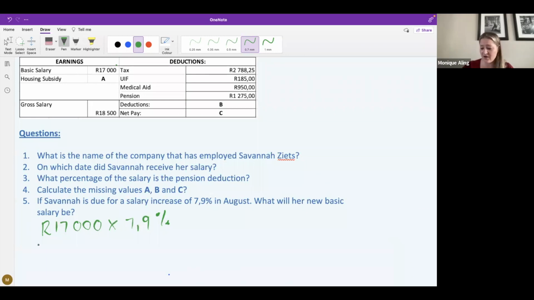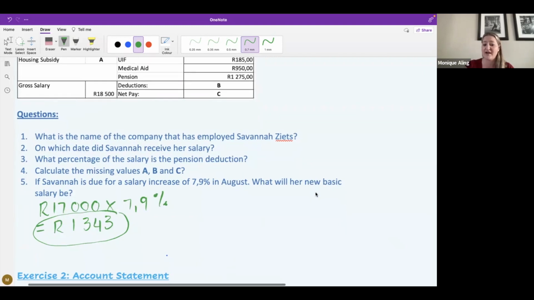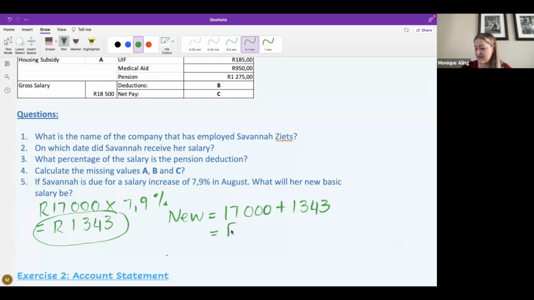Okay, so I get an answer of 1,343 Rand. That's what her increase is going to be. Her salary is increasing by 1,343. But the question asked, what is her new basic salary going to be? So we know it increases by 1,343. So her new basic salary will be the 17,000 that she's currently getting plus the 1,343, which gives you 18,343.